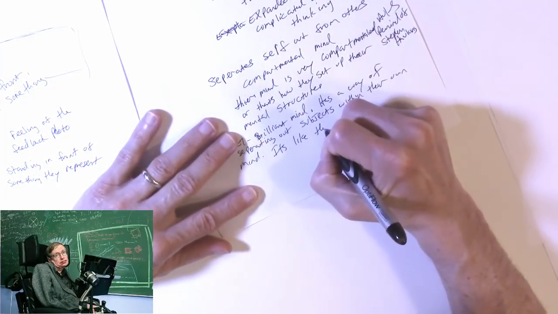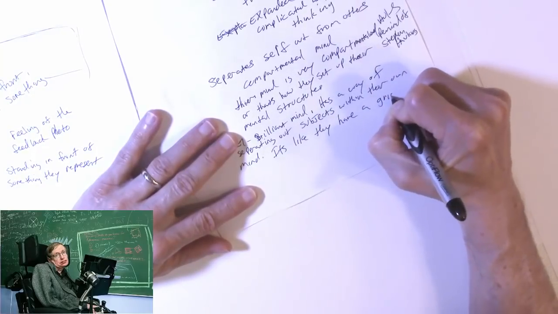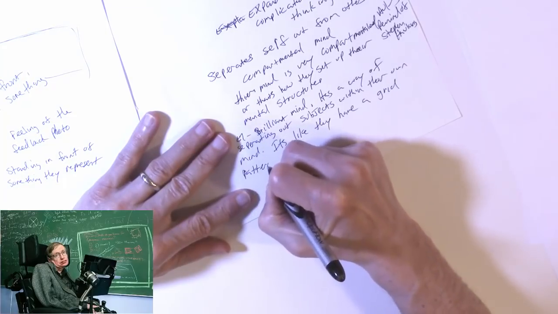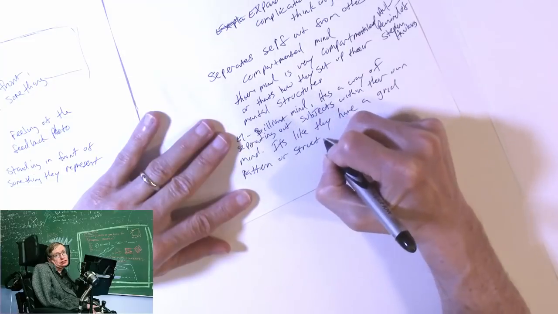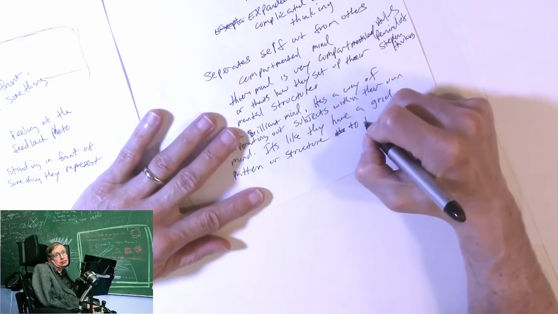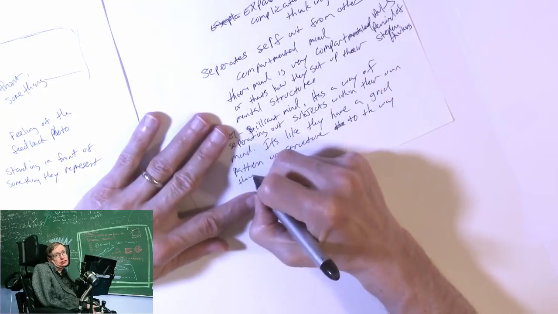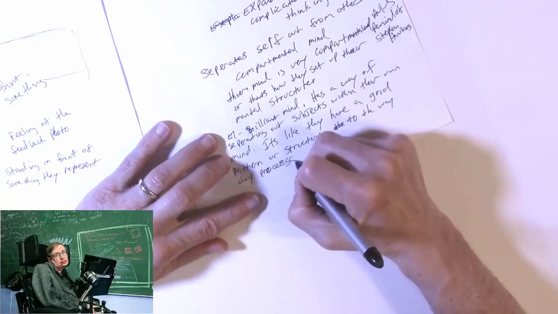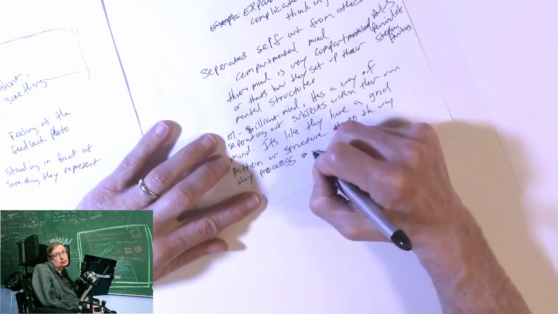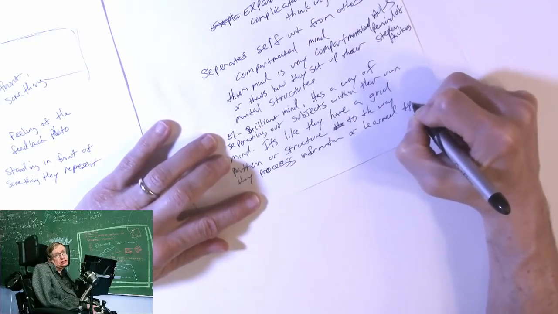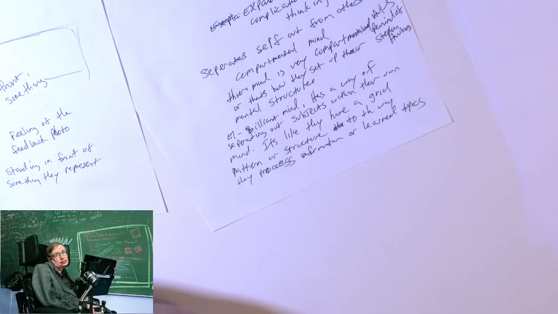It's like they have a grid pattern or structure to the way they process information or learned topics, that kind of thing. This is more into the way that they think.